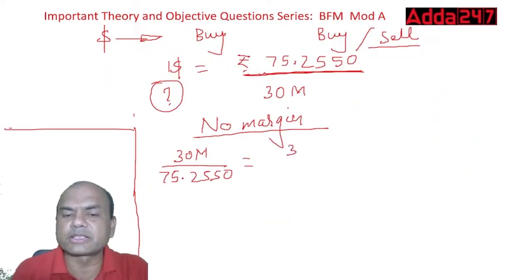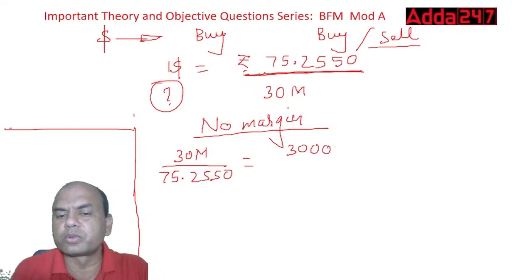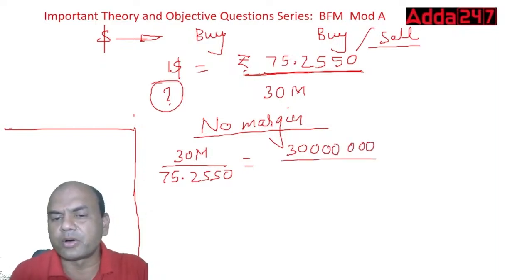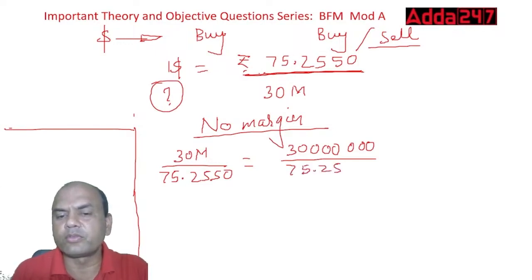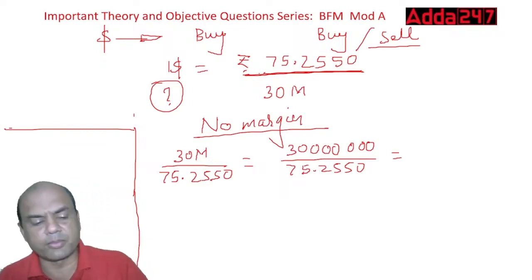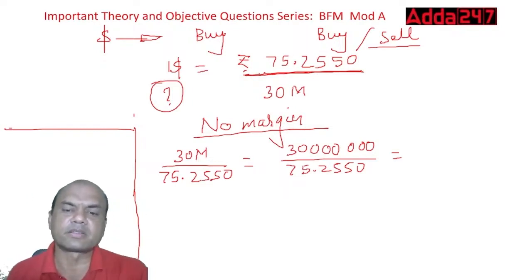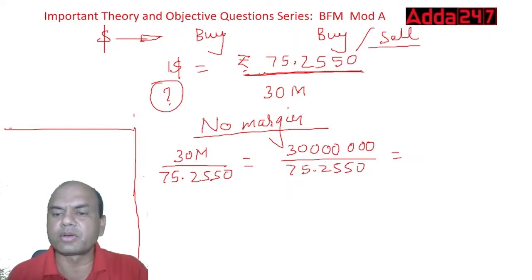Everyone do it in the comment section. I want the answer. 30 million, 6 zeros, upon 75.2550. Now give me the answer, everyone, in the comment section. I'll also try by that time. 30 million divided by 75.2550.